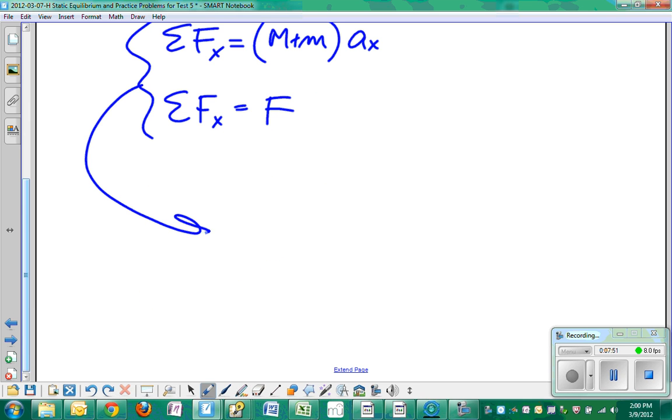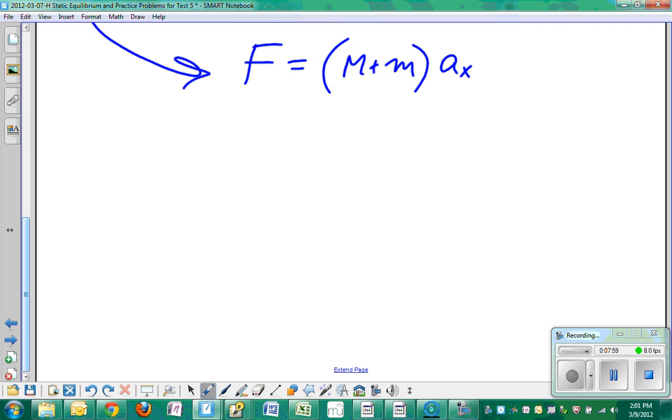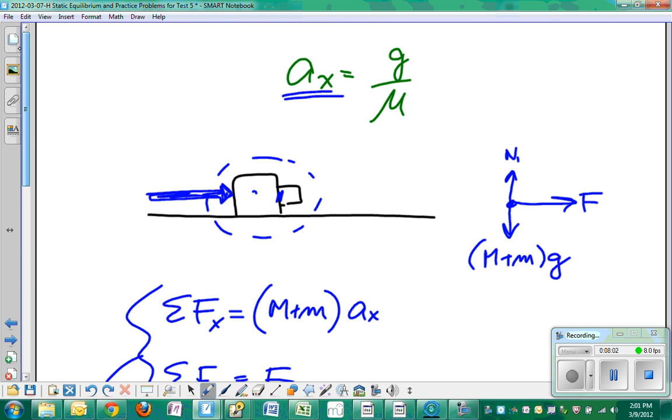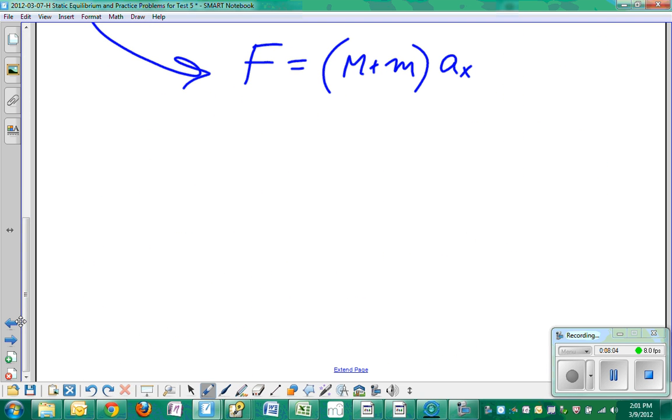So now we're looking for the applied force. Applied force is equal to the sum of the masses times ax, or what did we decide that a is? G over mu, right? All right, so the force has got to be equal to (M plus m) times g over mu.